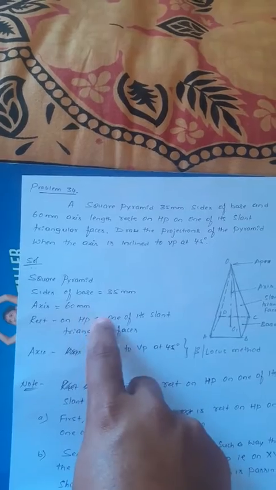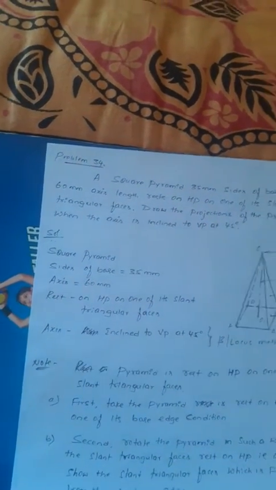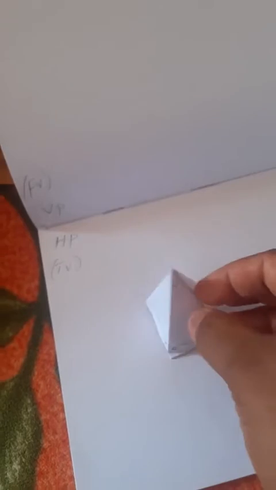Now resting condition, rest on HP on one of its slant triangular faces. See that this is a square pyramid, rest on HP on one of its triangular faces means this is a triangular face, right? Now consider OCD.